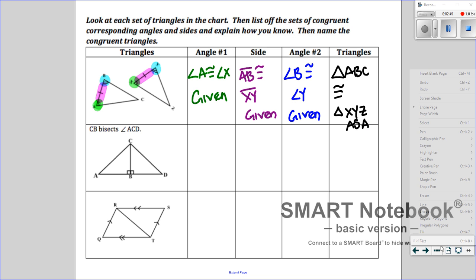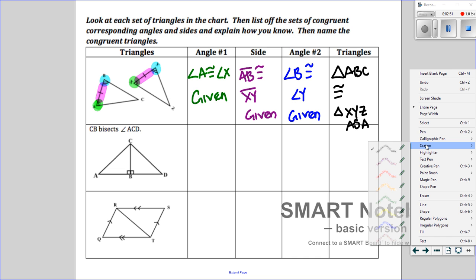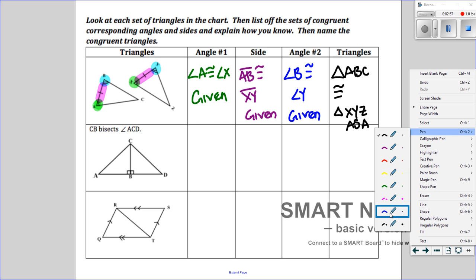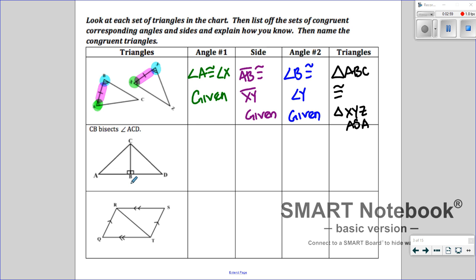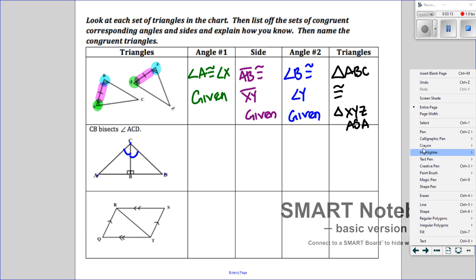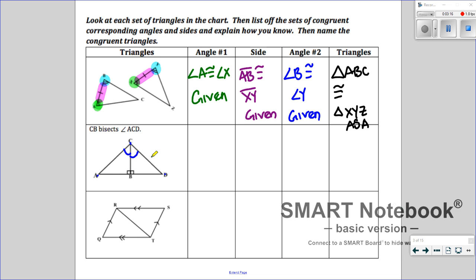Right, so let's do another one. They said that CB bisects angle ACD. So let me use blue. If CB bisects this angle ACD, then that means that ACB is going to be congruent to DCB. So I put the two little marks, and I'm going to highlight that in blue.